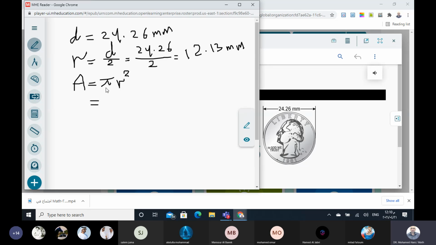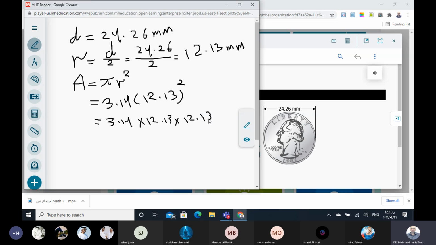The value of pi is always 3.14, and the value of r is 12.13 squared, which means we have 3.14 times 12.13 times 12.13.